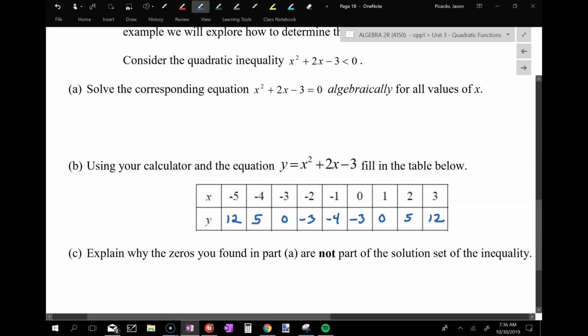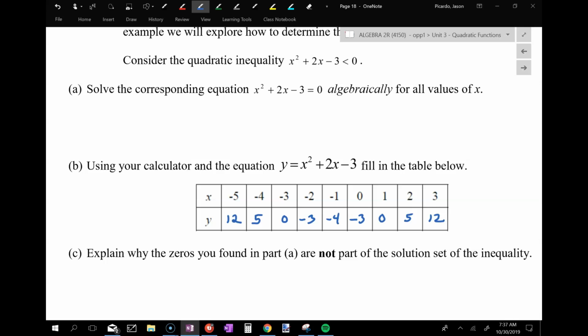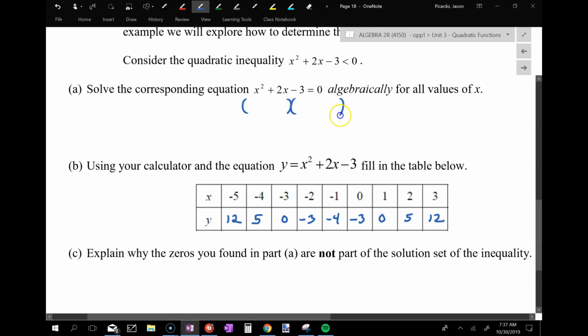All right, now, I sort of glossed over part A, but what did part A say? It said solve this algebraically. That's what we practiced a couple days ago. You saw a question like that on your quiz. So solve this algebraically. So what do I need to do? I need to factor it and set my factors equal to 0, right? So it's already in the quadratic form. So all I need to do is factor this.